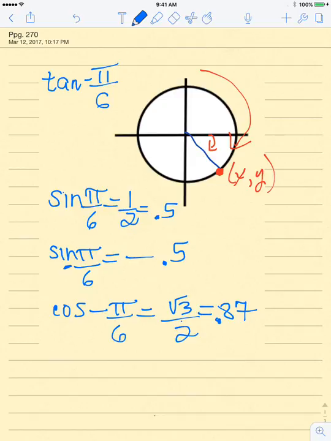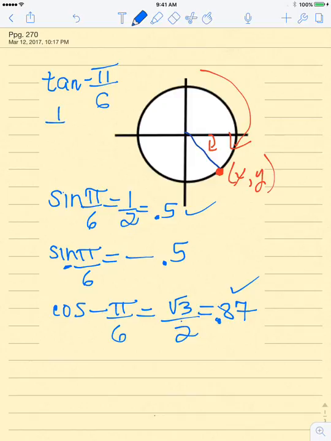Well, you have the sine and you have the cosine, so you have enough information to calculate your tangent. And it's much easier to do this in fraction form, particularly if you're not given a calculator, which you won't be given in class. So let's take a look. We know that the tangent is sine over cosine.